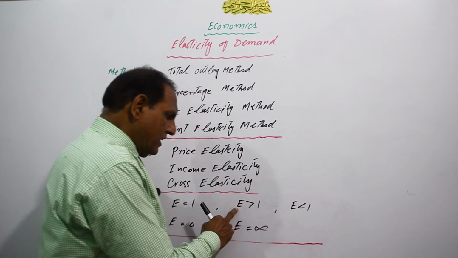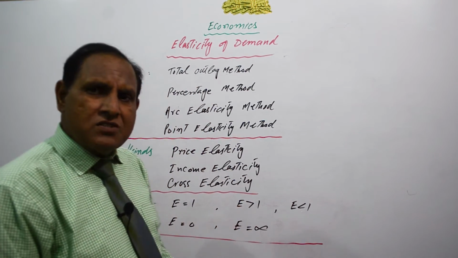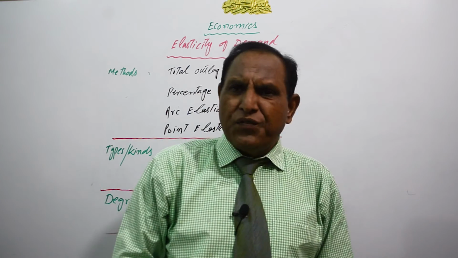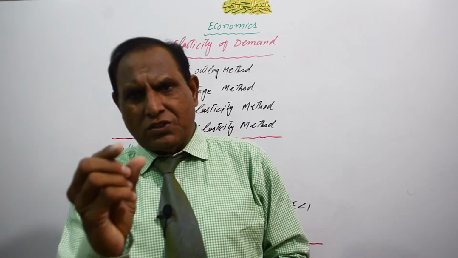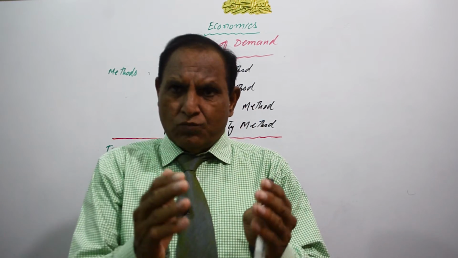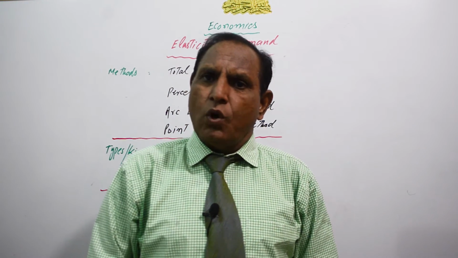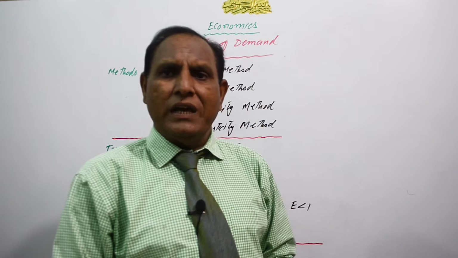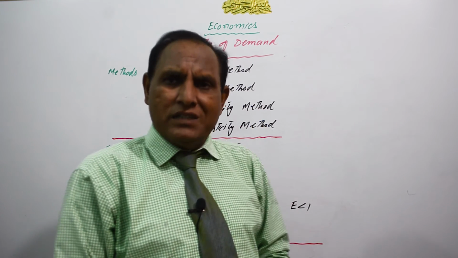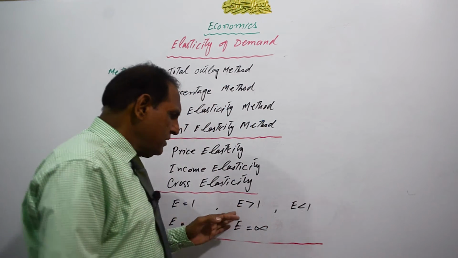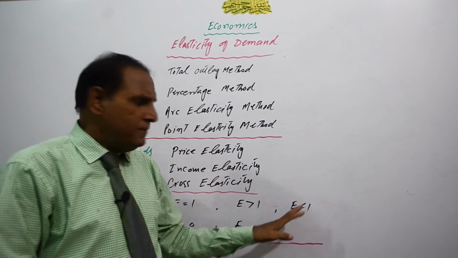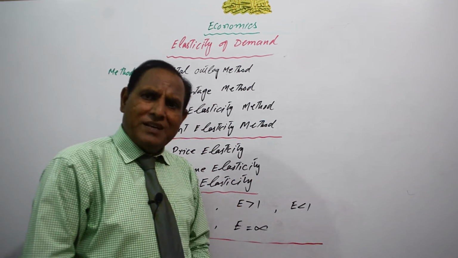Number two, elasticity may be greater than unity. It means that there is a little change in price, but as a result there is a lot of change in demand. This is known as higher elasticity of demand, meaning elasticity is greater than a unit. Number three, elasticity may be less than a unit.